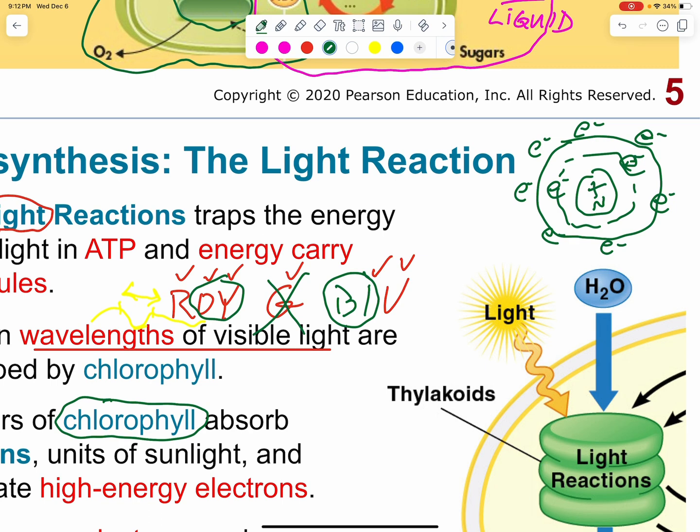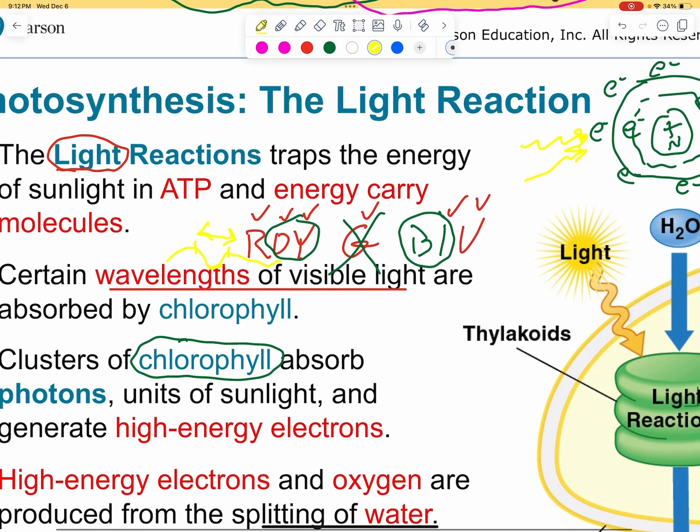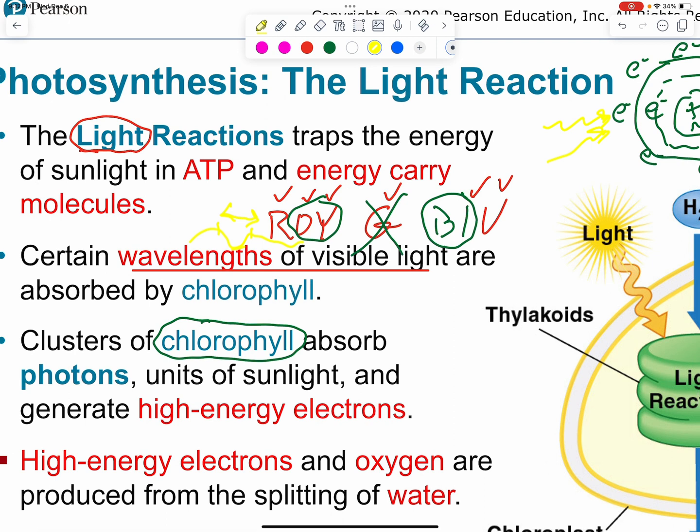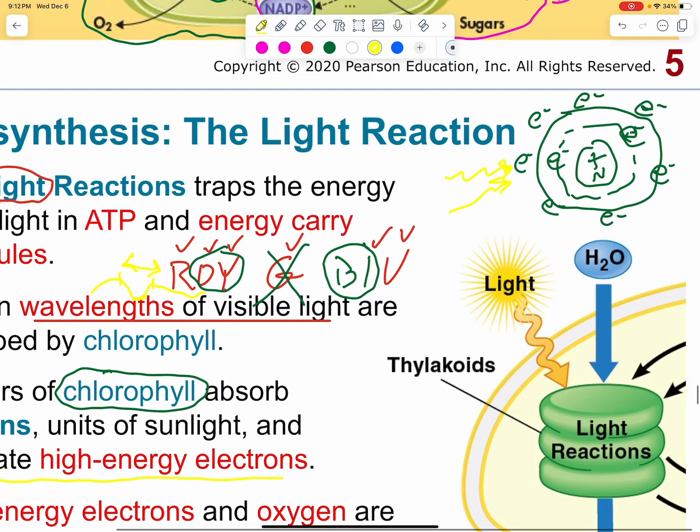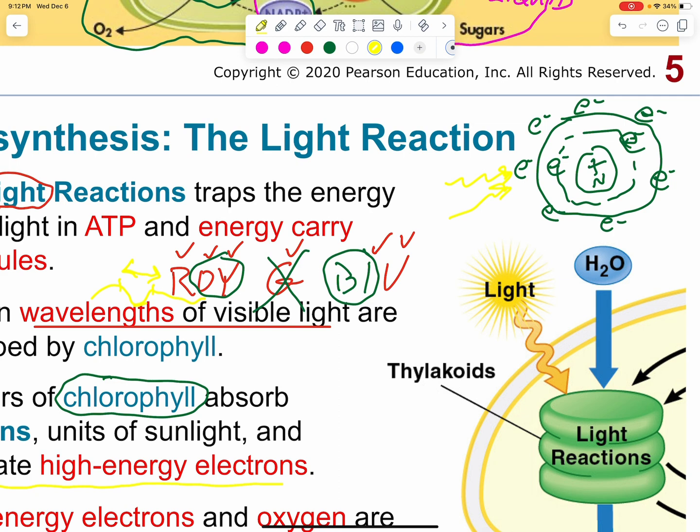So what does the photon of light do? Check this out. Here's the photon of light. It's going to strike these electrons. And you see how it says that it is going to generate high energy electrons. The electron was already there, but it's going to add more energy from the sunlight.